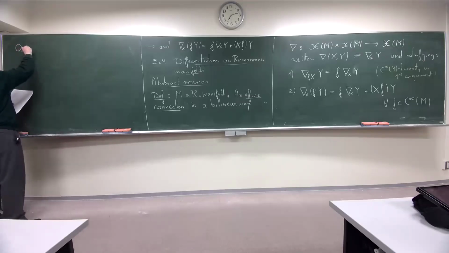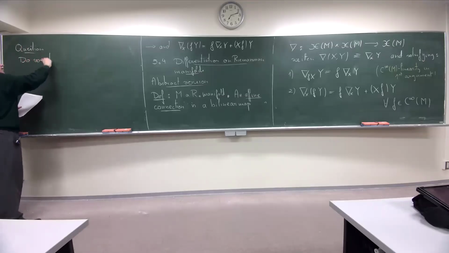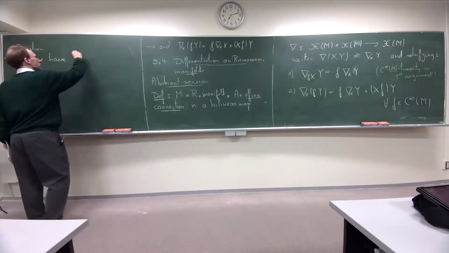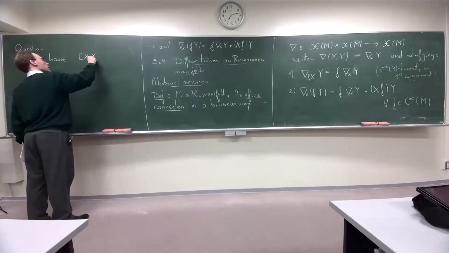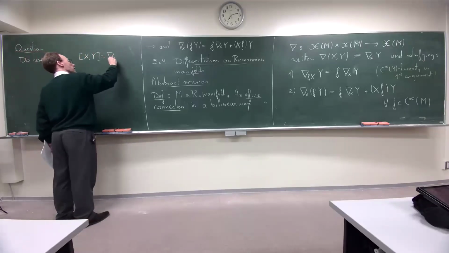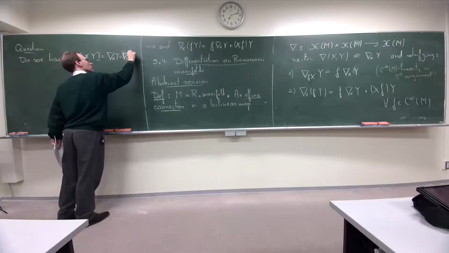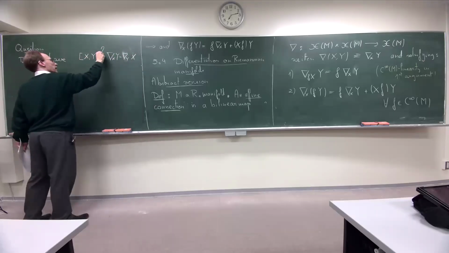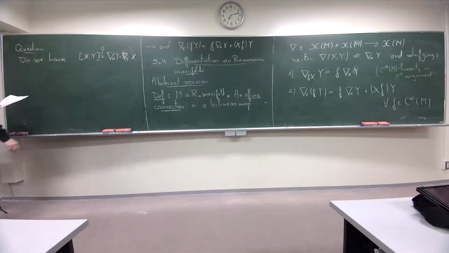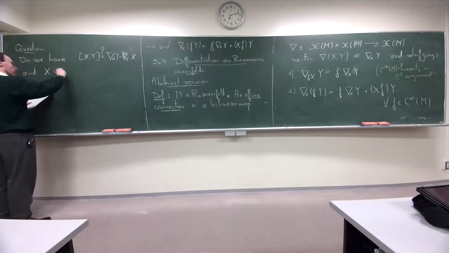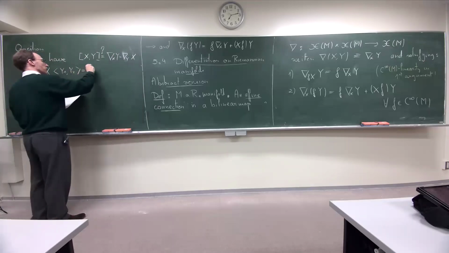A question that we can wonder: before I mentioned these two properties, the bracket of X and Y is equal to nabla_X Y minus nabla_Y X. Do we still have this in the general framework? And the other thing that we had before, if I write it in a slightly more formal way, without evaluating, we had this before.